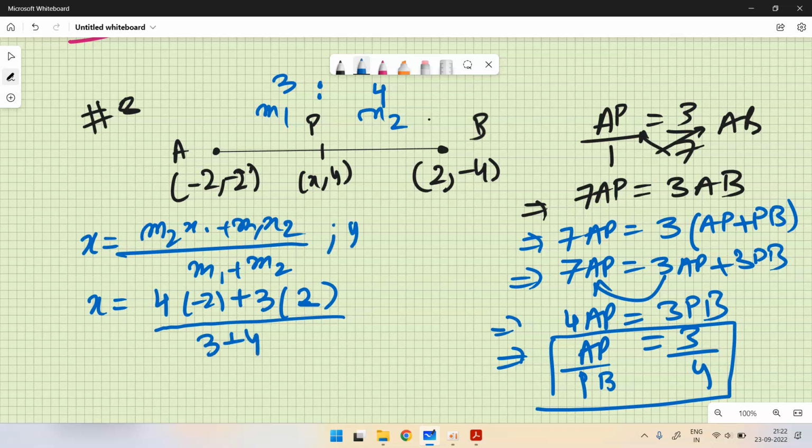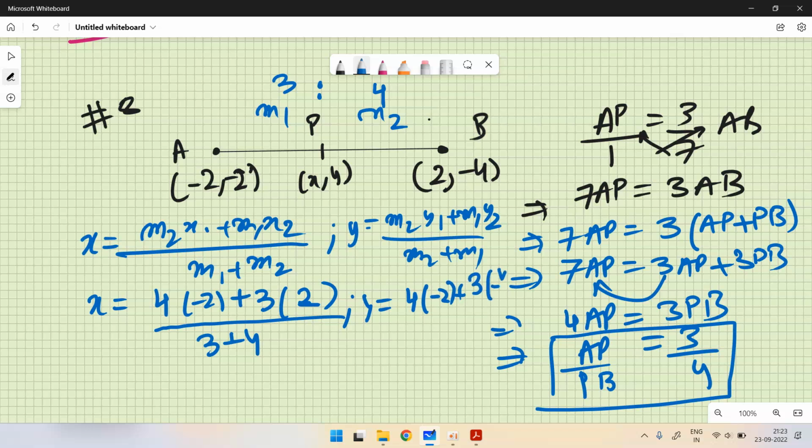What is y? y is (m2 y1 + m1 y2) / (m2 + m1). Here m2 is 4, y1 is -2, m1 is 3, and y2 is -4, over 4 plus 3.